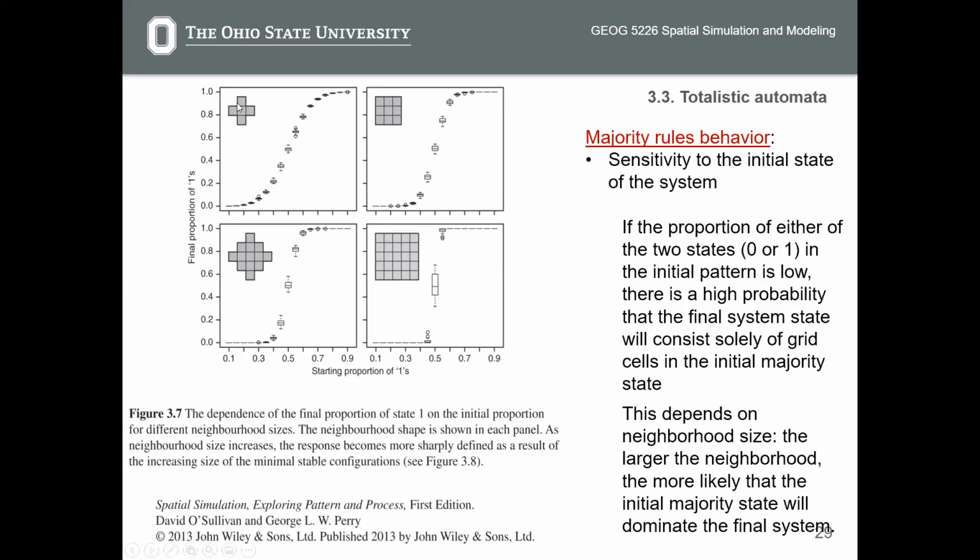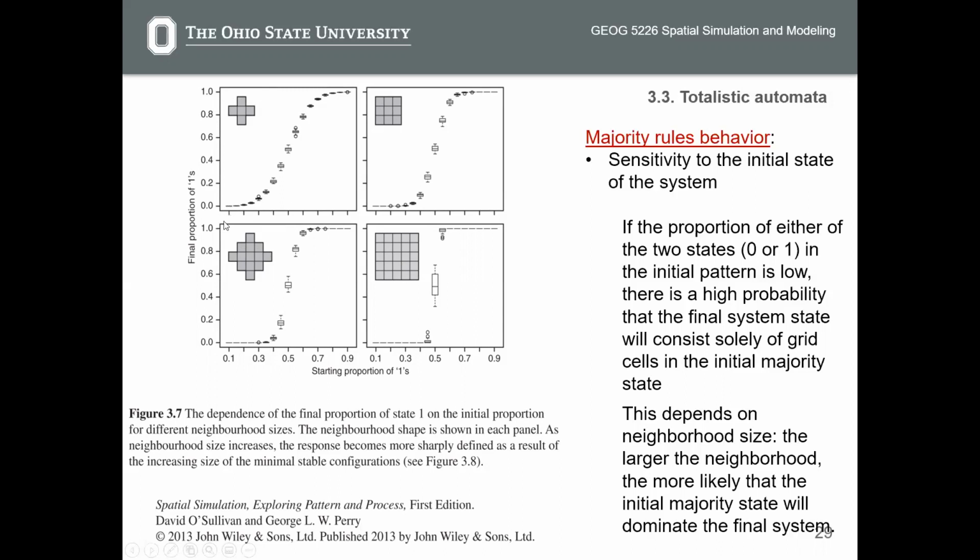So for this small neighborhood, a very typical von Neumann neighborhood, and then we say this box plot here is a line, which means there is only one value.